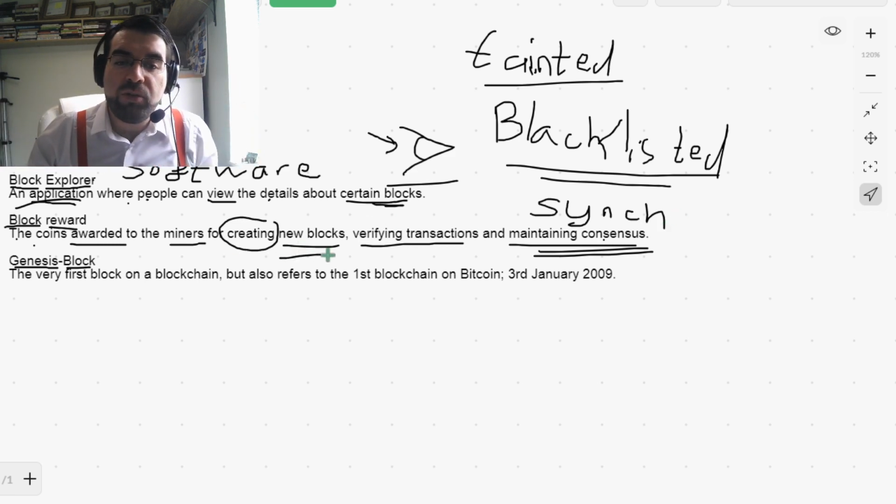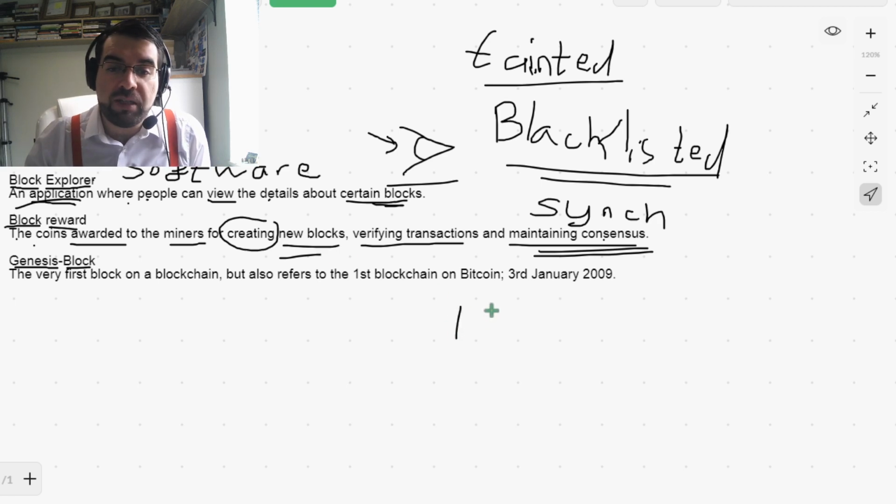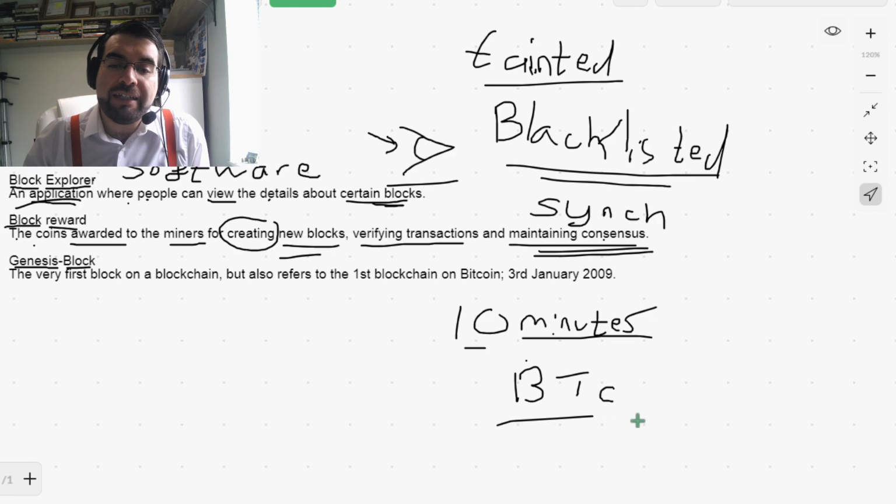So, for example, in Bitcoin, when a new block is created every 10 minutes, a certain miner is rewarded a certain amount of Bitcoin. And over the years, that's gone down. Every 4 years, it's gone down by 50%. It's been halved.